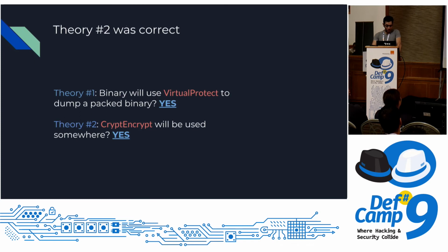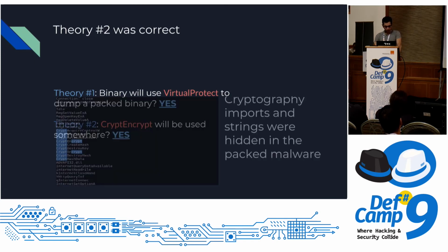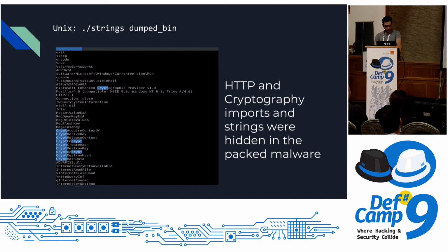All right, so we just proved the two theories correct, and after we took this executable read-write section of memory, we were able to see the entire real, unpacked binary, which is named dumped.bin.